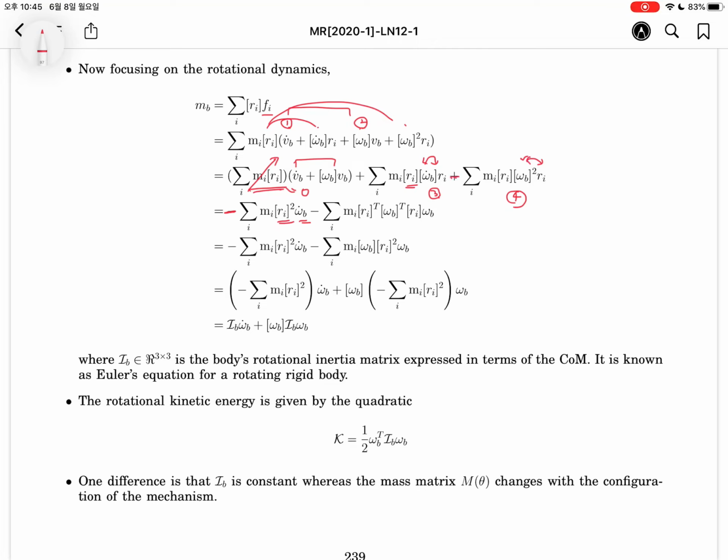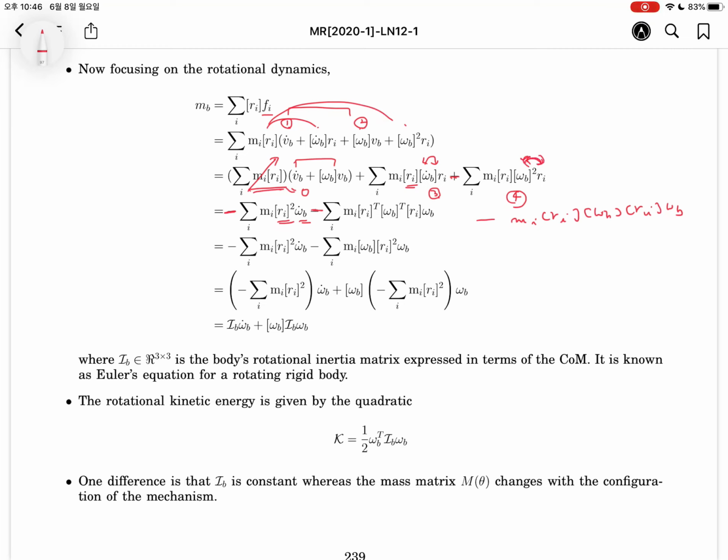So minus will appear. So mi, Ri, omega b. I'm sorry, this omega b and Ri and omega b. Okay, it should have minus sign.